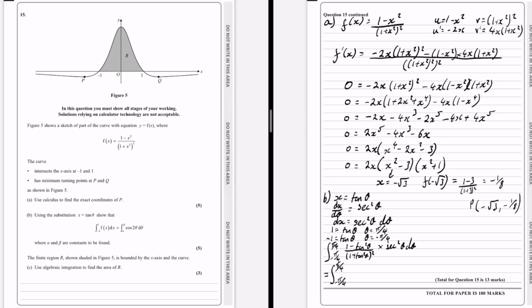That's going to simplify to, well, 1 minus tan squared is 1 minus sine squared over cos squared. 1 plus tan squared is the same as sec squared, so I can cancel one of the sec squareds with the sec squared theta on the right, leaving me with just 1 over sec squared. Sec squared is the same as 1 over cos squared. So my integral becomes 1 minus sine squared over cos squared all over 1 over cos squared.